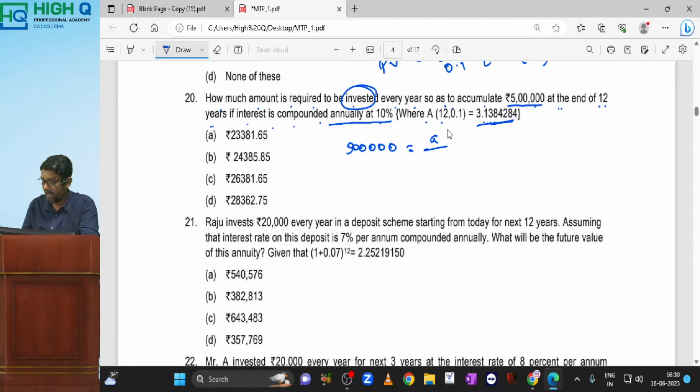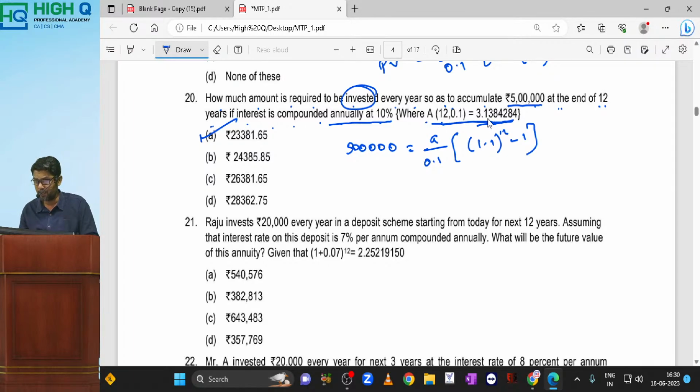A by I, what is I, is 0.1. 1.1 whole power 12 minus 1. Either you do like this. What is it? 1.1 whole power 12, minus 1, divided by 0.1, equal to A into 5 lakhs, which is nothing but 23,381.65. Option A.